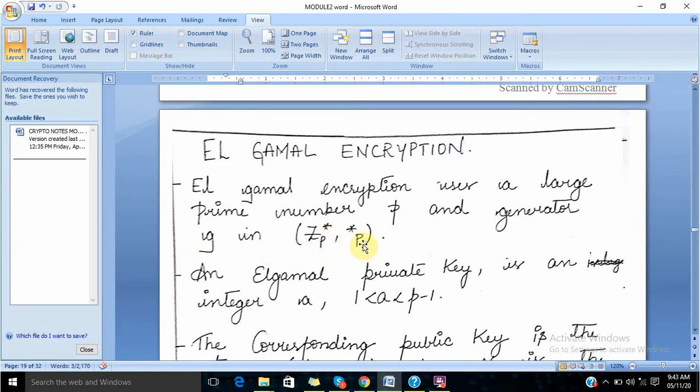So G is one more parameter, and the El-Gamal private key is an integer A. The A's value should be between 1 and P minus 1. That means it should not be more than P minus 1, and it should be more than 1. Not exactly between, but any value in the range between 1 and P minus 1. So A is another variable. So these three things we require, students, here.